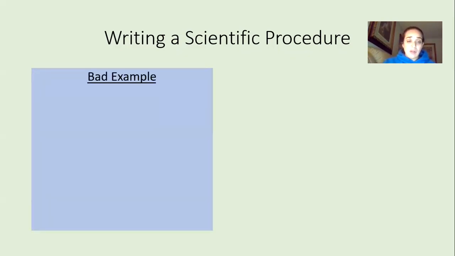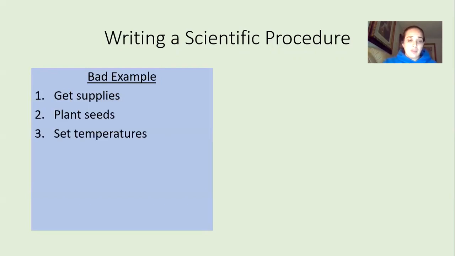A bad example would be something vague like: get supplies, plant seeds, set temperatures, water plants, and so on. This would be a procedure for planting seeds into soil.